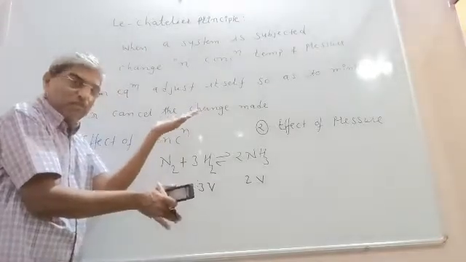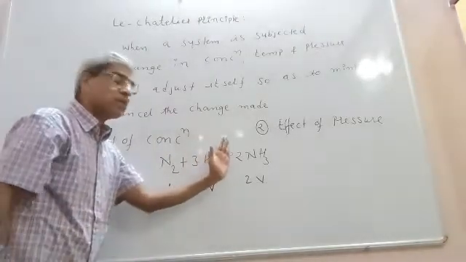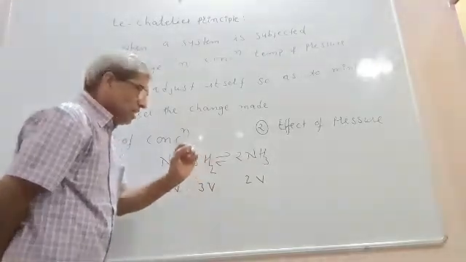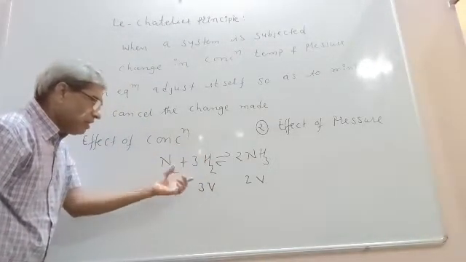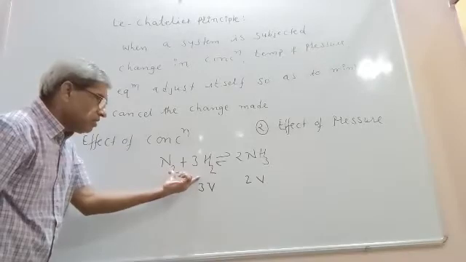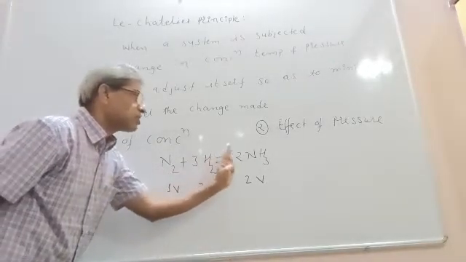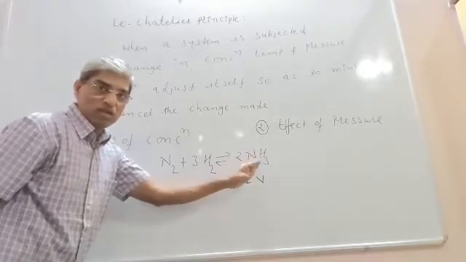In this case, if the pressure of this system increases, then equilibrium shifts towards ammonia, towards the product side.